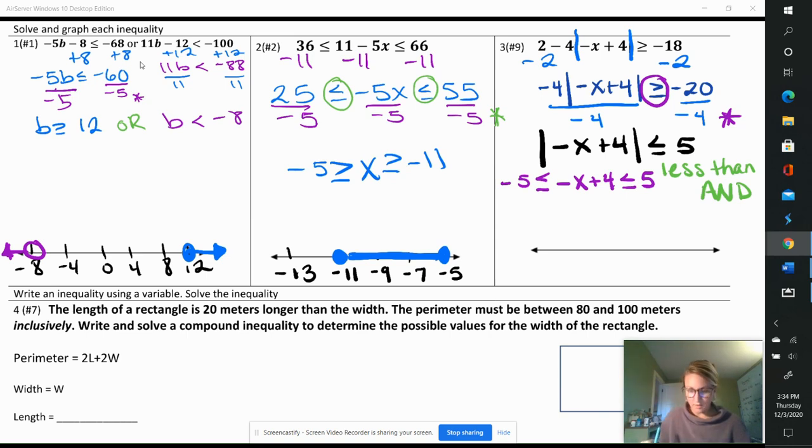Now to solve this compound inequality, we're going to subtract 4 from the middle, the right, and the left. And we're not quite done. We still need to divide all three parts by negative 1 because of that negative x.